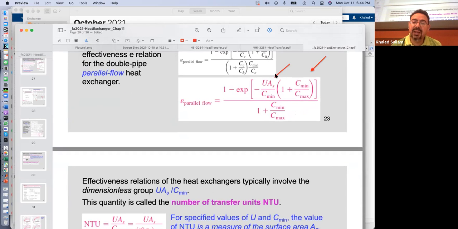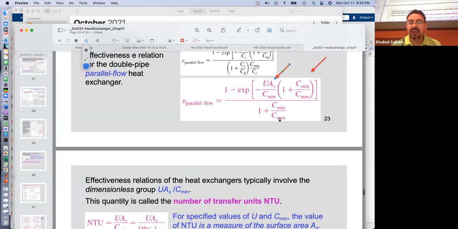And you will see this, UA over C min. To make the formula a little bit smaller for our eyes and for the computer, they have a name for this and a name for this. They could have left the equations as they are, but it makes sense to make them smaller, and also because those things physically mean something.